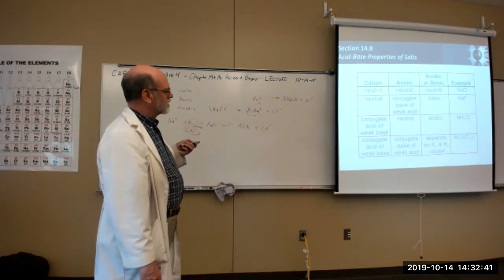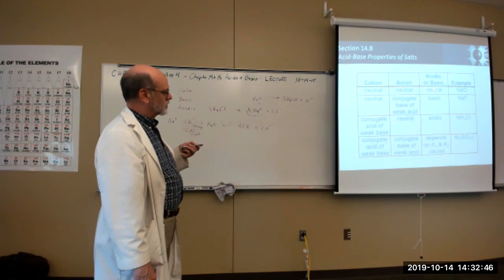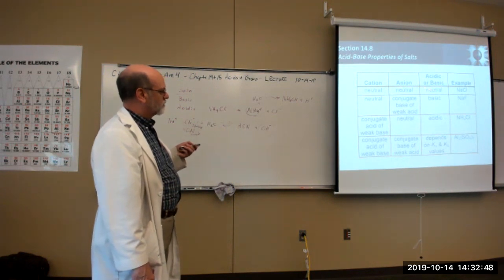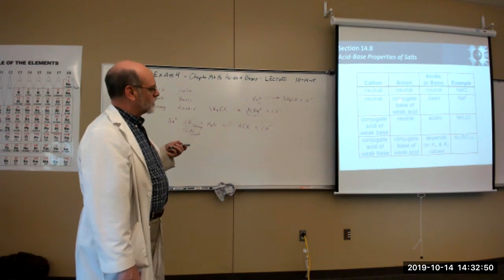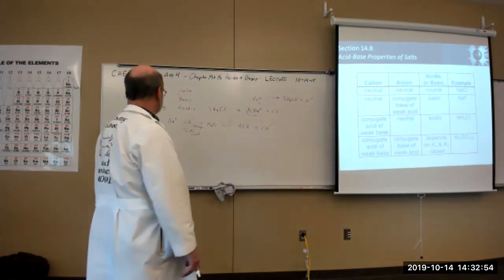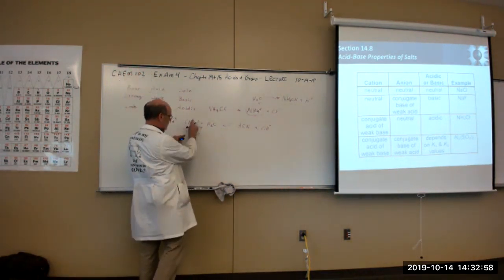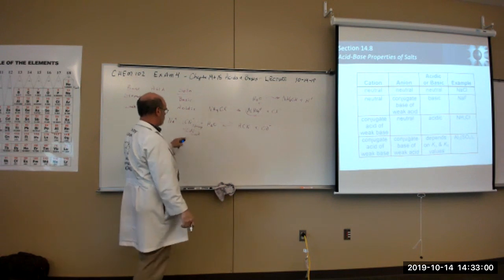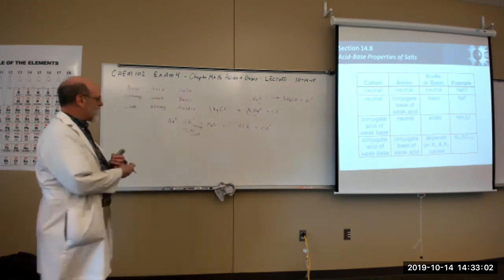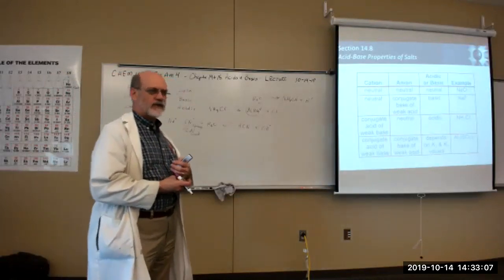This would be strong acid, strong base yields a neutral solution. So this one would be the anion is a conjugate base of a weak acid. So if you form the salt from a weak acid and a strong base, you get a basic solution.